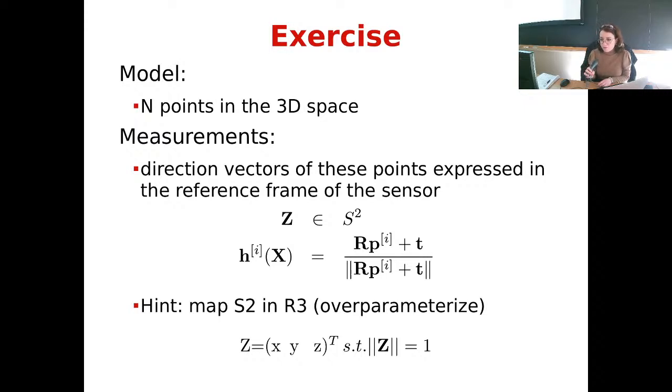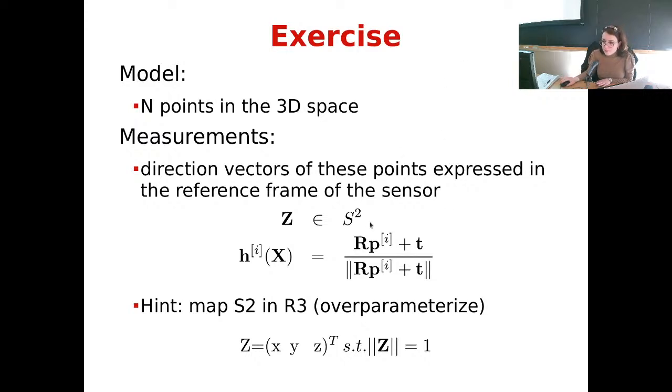It's not the SO2, it's S2. It's the manifold which represents the surface of the sphere. And of course, in that case, as the radius is fixed, you can select a point by only specifying the azimuth and the elevation.